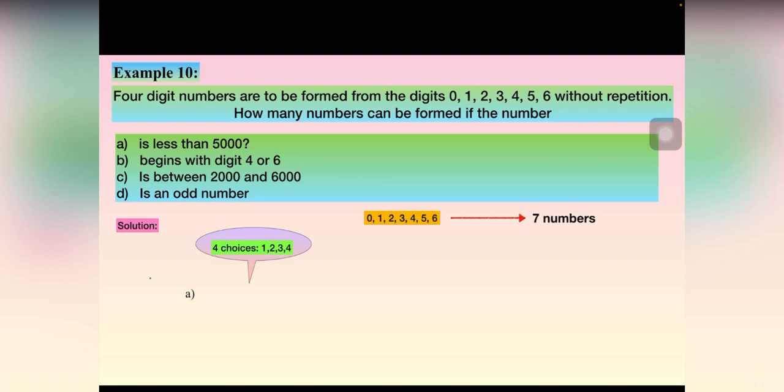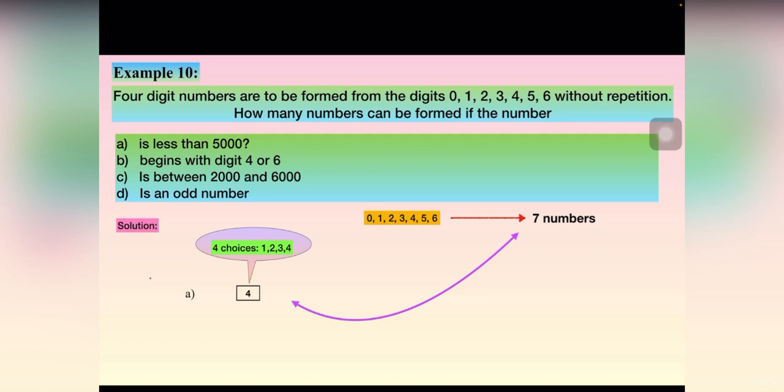The first number in this 4-digit number must be less than 5,000, so 0 cannot be included. It can be 1, 2, 3, and 4. So we have 4 choices. So this will be the first box.